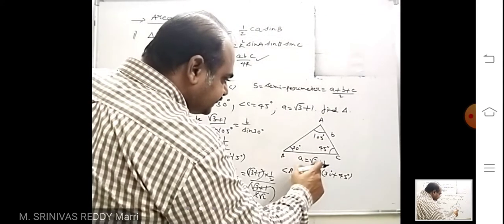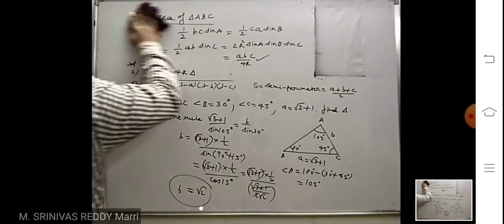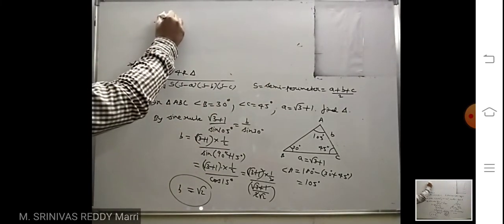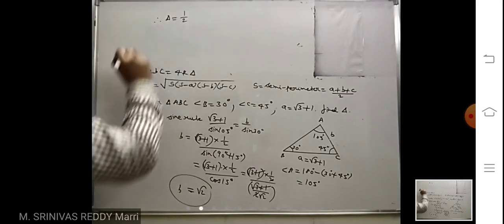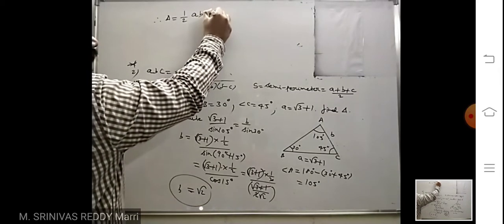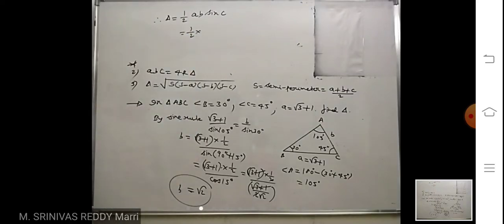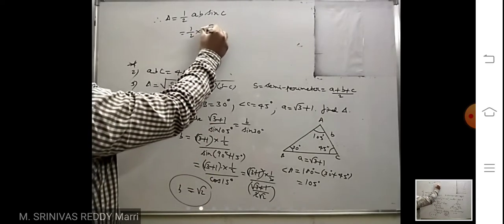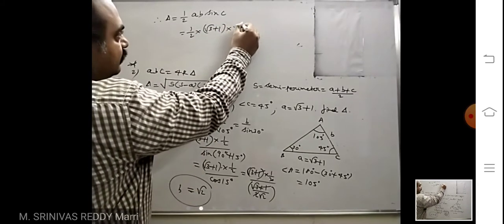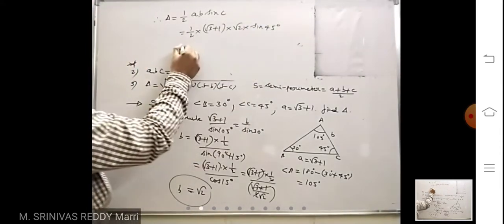Now I know this side and the angle between them. So what is the area of the triangle? Half into the product of the sides into sine of the angle between them. Therefore delta is nothing but half into a into b into sine of the angle between them. So half into a, which is root 3 plus 1, into b, which we calculated as root 2, into sin 45 degrees.